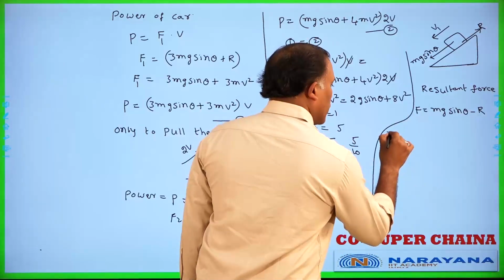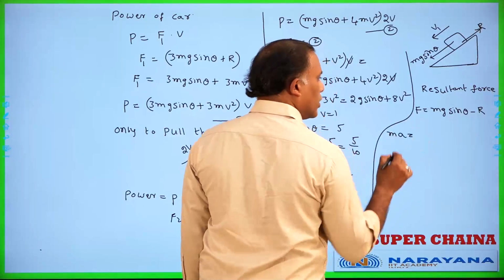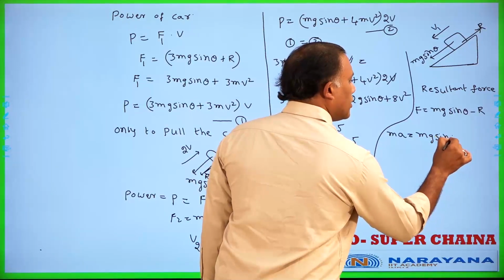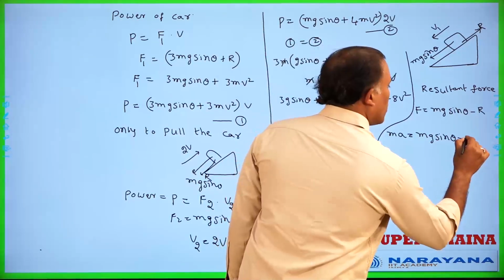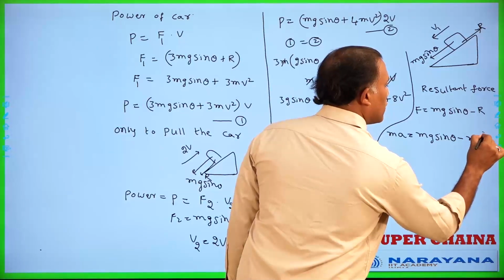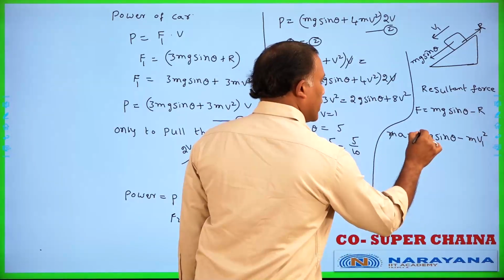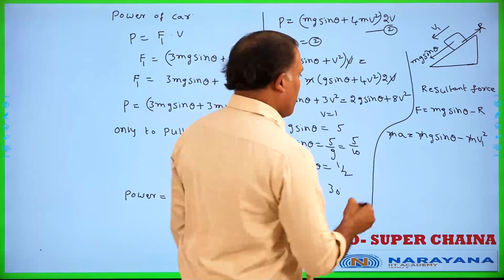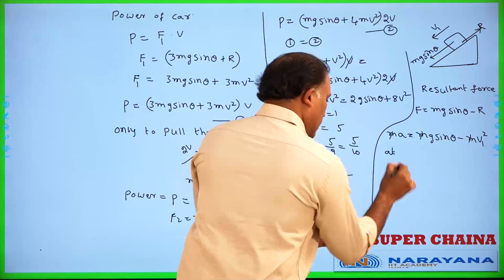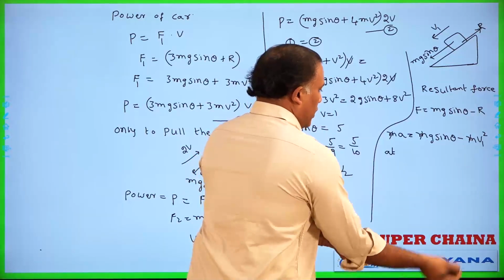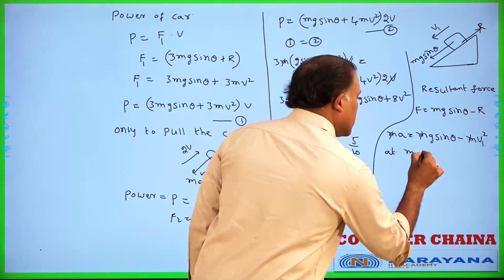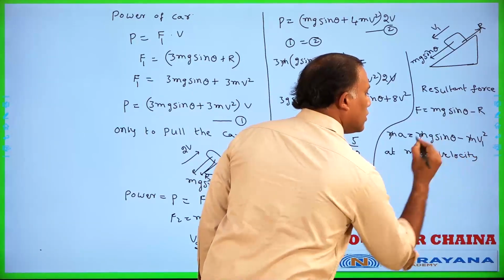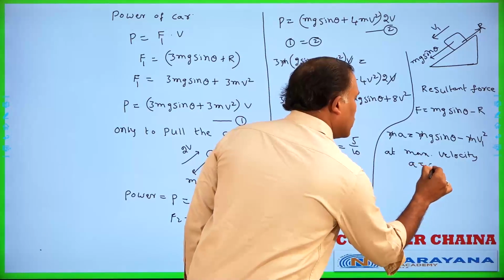So F is equal to ma is equal to mg sine theta minus mv1 square. Now m can be cancelled. So what is the maximum velocity? At maximum velocity, acceleration equals 0.